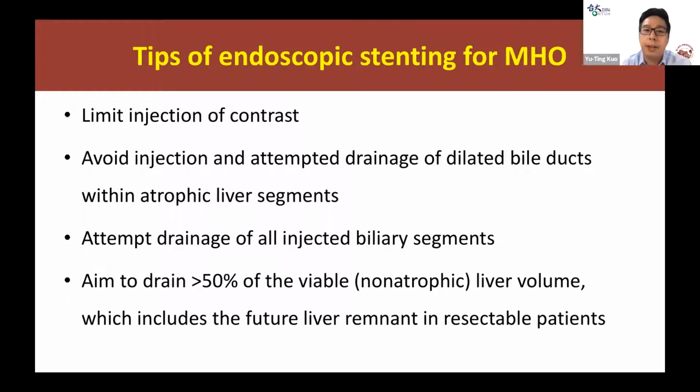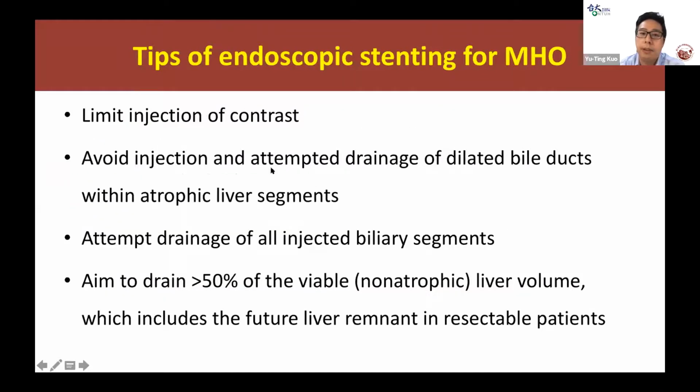How about tips? I want to share some tips for this kind of procedure. You should limit the injection of contrast. And if you inject contrast into a biliary segment, you need to attempt to drain the injected part.